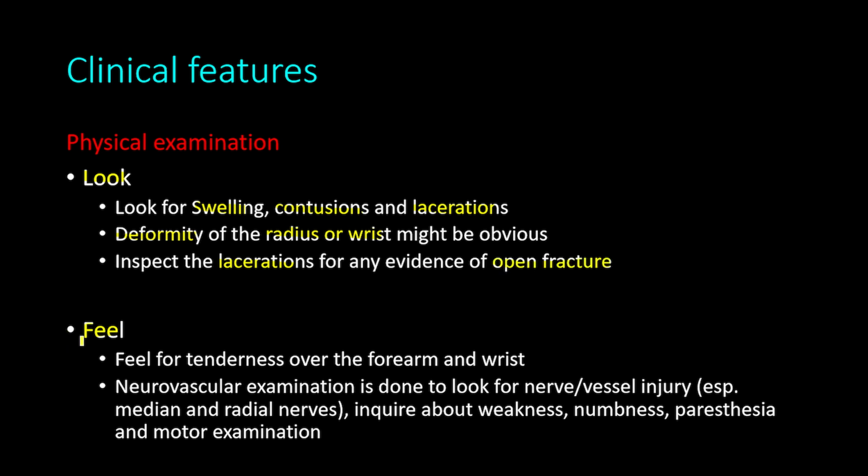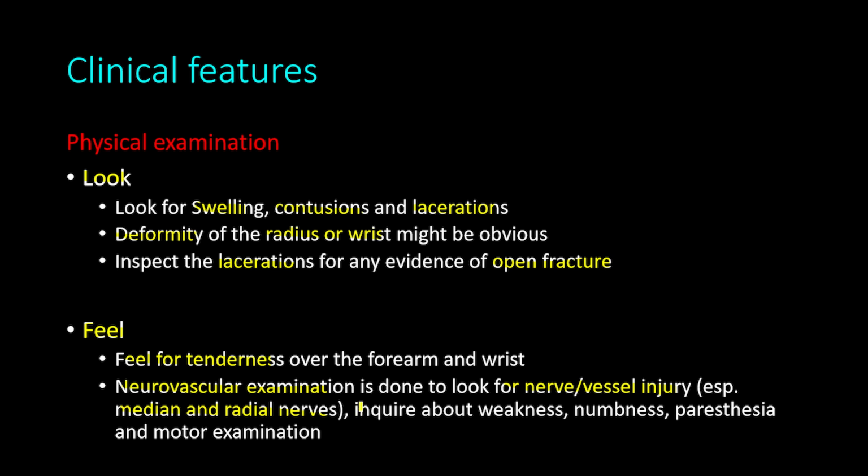Now regarding the feel, you feel for tenderness over the forearm and the wrist, and you do a neurovascular examination to look for nerve and vessel injury. In Galeazzi fractures, the median and radial nerves are the most commonly injured.